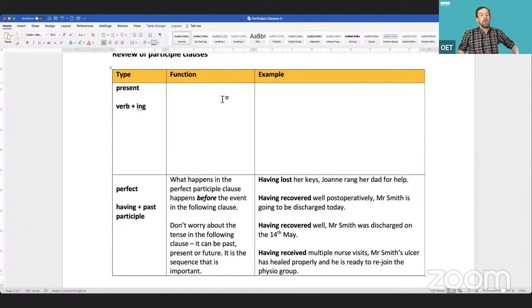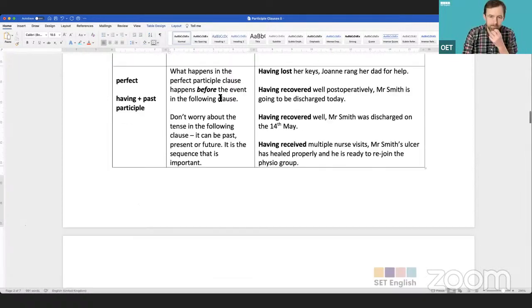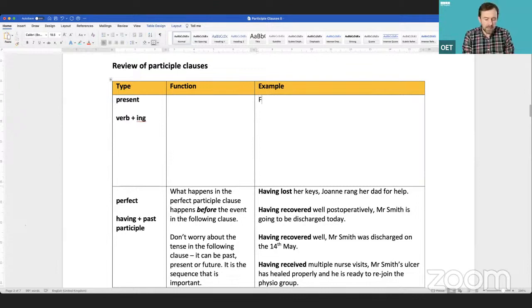So let me give you an example. Feeling distressed about her, what could I put? Feeling distressed about her recent heart problems, Mrs. Johnson contacted her GP.